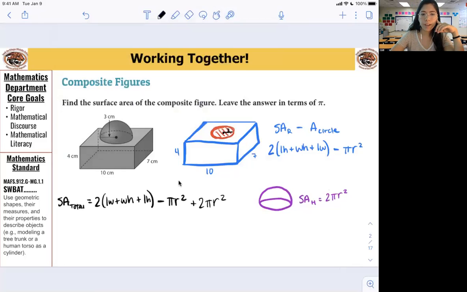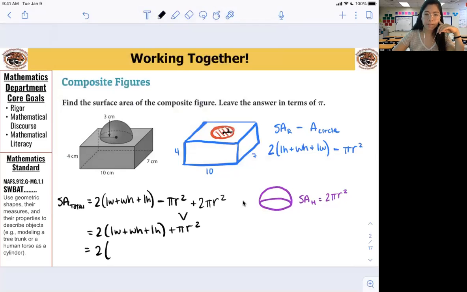Yeah. So negative pi r squared plus 2 pi r squared is just pi r squared. So 2 times LW, WH, LH plus pi r squared.